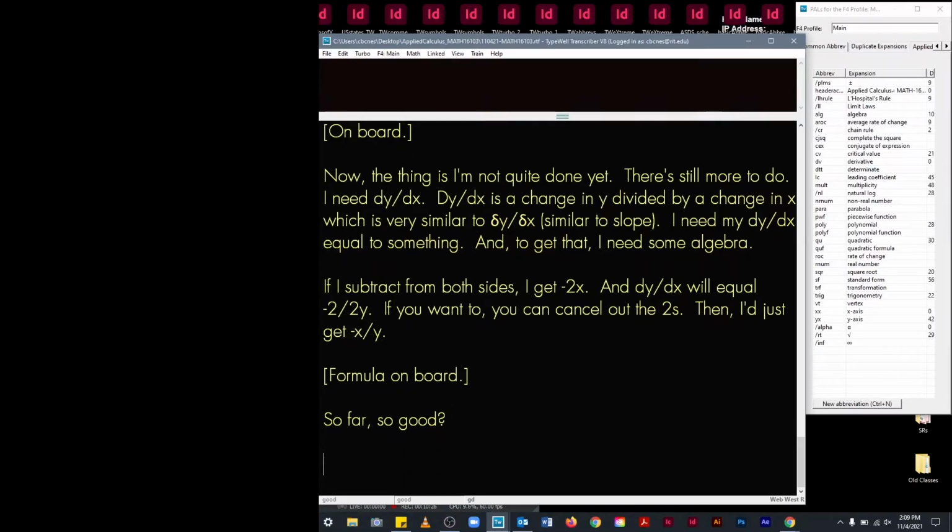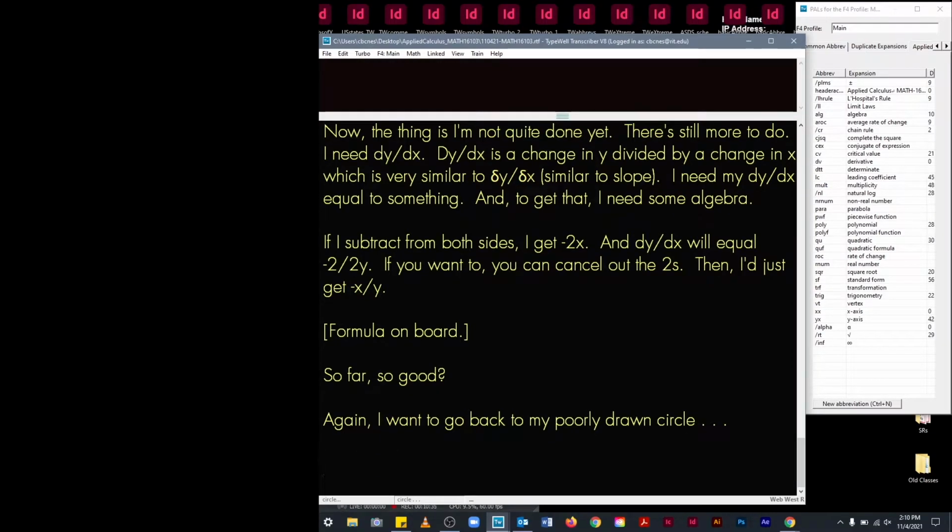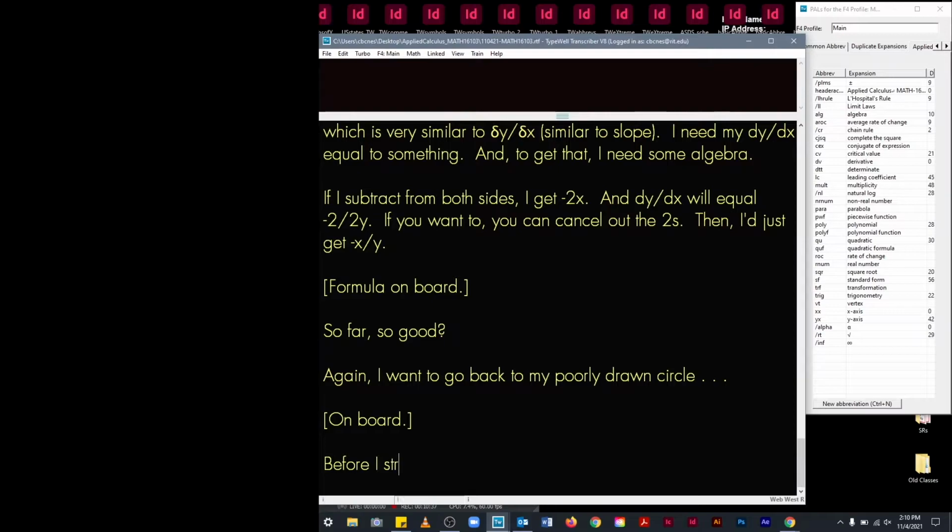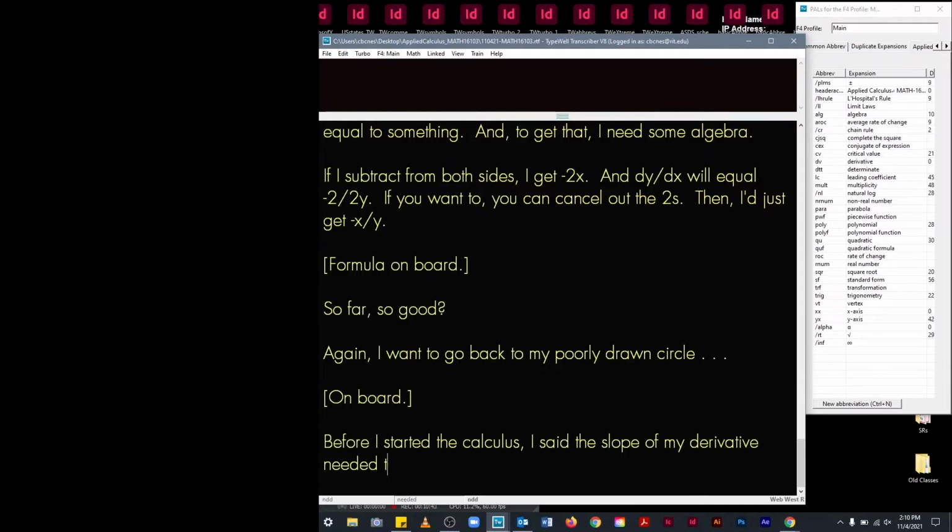Now again, I want to go back to my poorly drawn circle. Before I started the calculus, I said that the slope of my derivative needed to be determined by not just the value of x, but whether I'm in the first quadrant or fourth quadrant. Specifically, there's a value of y that I need as well.